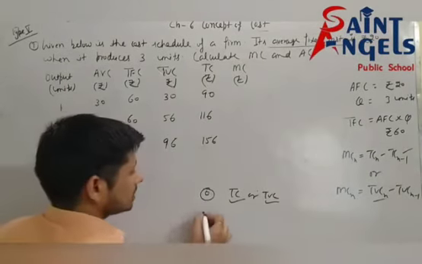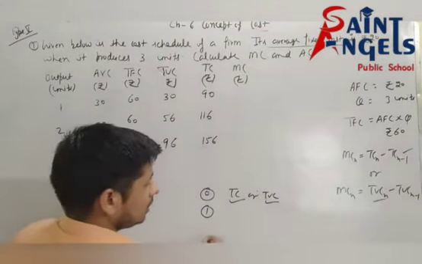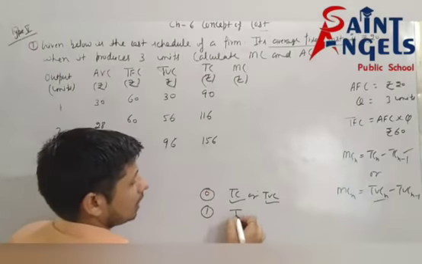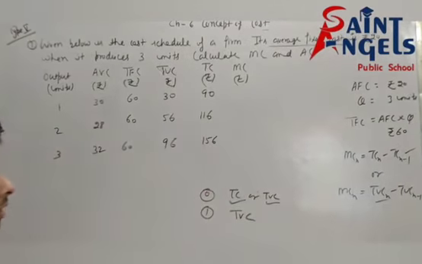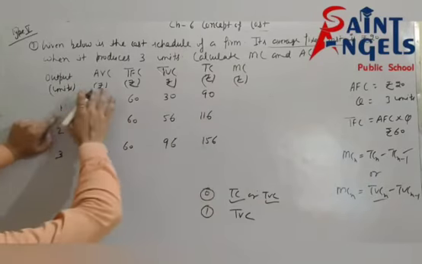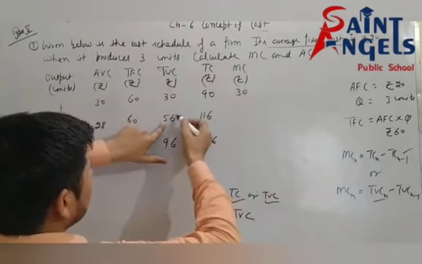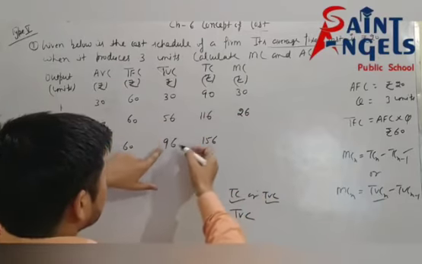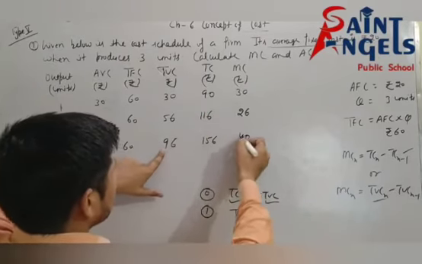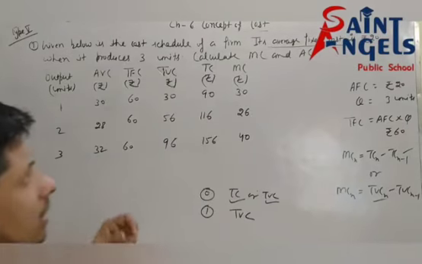But when output starts from 1, first unit, then you will calculate MC with the help of TVC. So always remember. Output is starting here from first unit, then you will calculate MC with the help of total variable cost. So first will be same, means 30, second minus first 26, second minus first 40. So I hope all of you have understood how will you calculate MC.